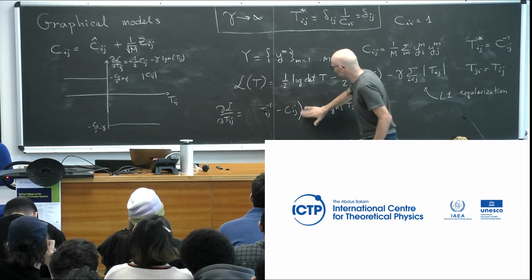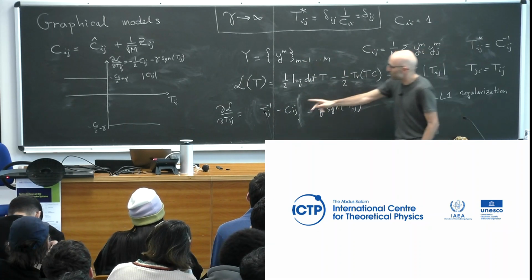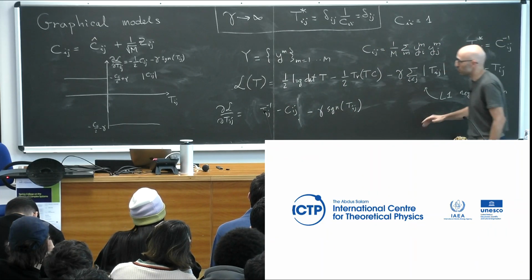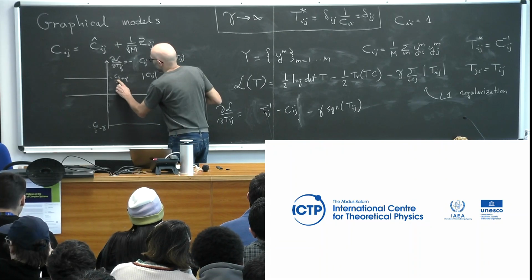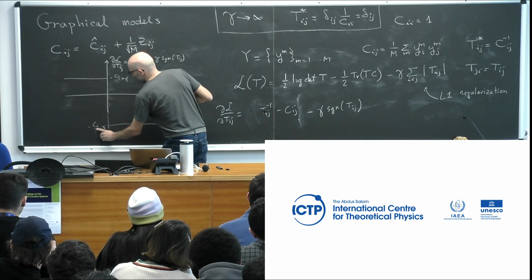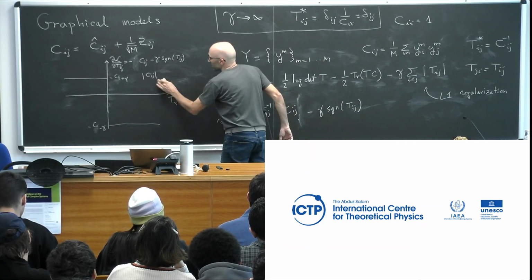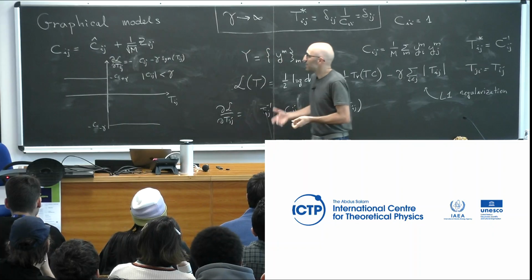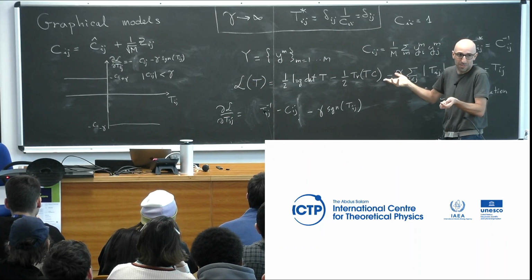Because if you enforce the symmetry of t_ij, you have two terms, one for t_ij and the other for t_ji. Anyway, it's a factor 2, it doesn't change. So actually this factor 2 is not there in this convention. Sorry for the confusion. So as long as the absolute value of c_ij is smaller than gamma, then the identity is still the maximum.